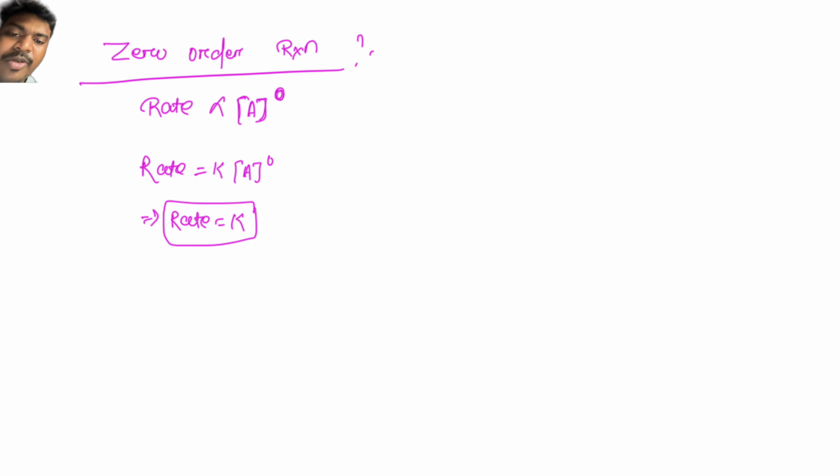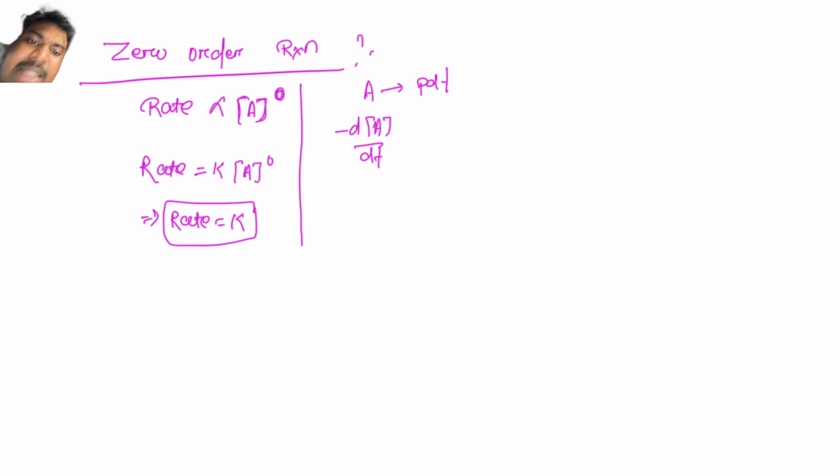Now we're going to derive this. Let's say A gives rise to product P. We know how to write the differential rate law for A. Since it is a reactant, it is going to be consumed, so I can write the rate as minus d[A]/dt. Now I put this: minus d[A]/dt equals k[A] to the power 0.